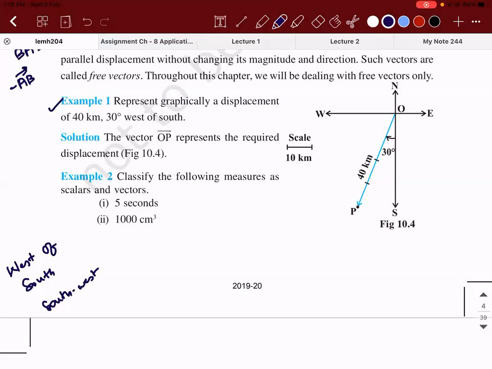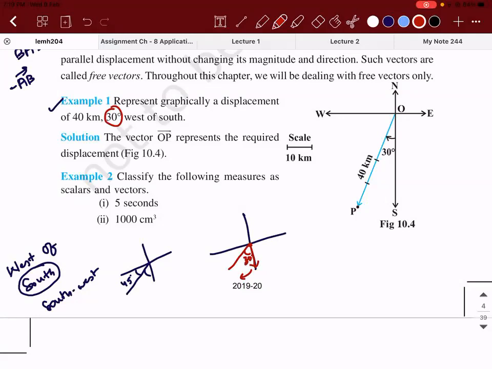West of south or southwest, what is the difference? Southwest means exactly 45 degrees with respect to south and west. But west of south means whatever word comes after "of" is where you start. So starting from south, you turn towards west by an angle of 30 degrees.